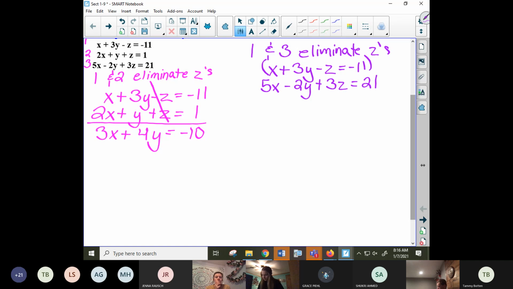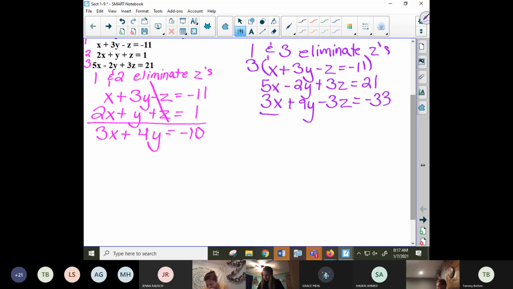So I take this whole top equation and multiply it by 3. Okay, so when I do that, I have 3 times x is 3x, 3 times 3y is plus 9y, 3 times -z is minus 3z, and 3 times -11 is minus 33.